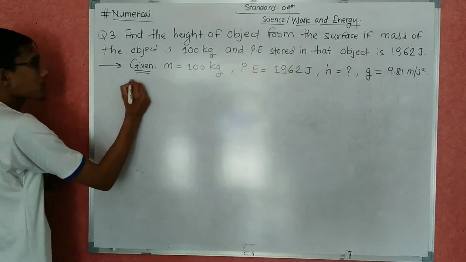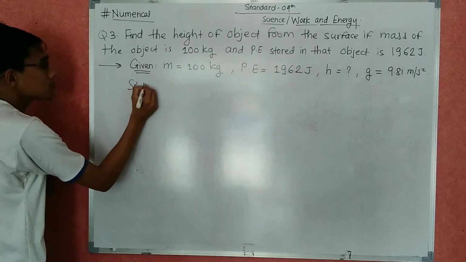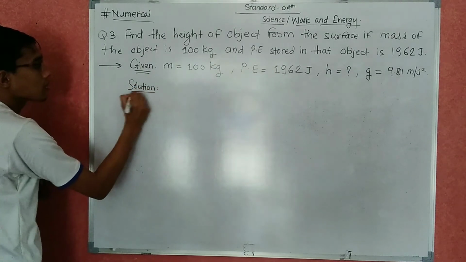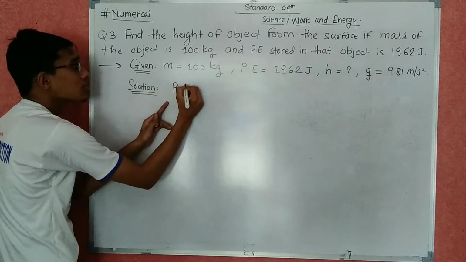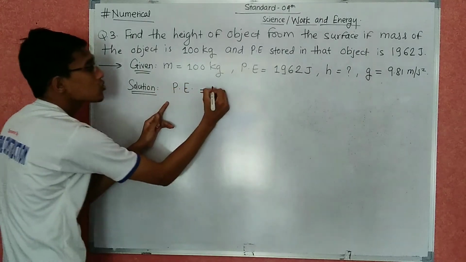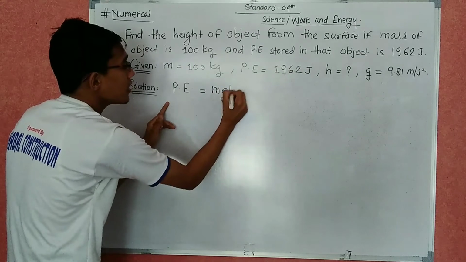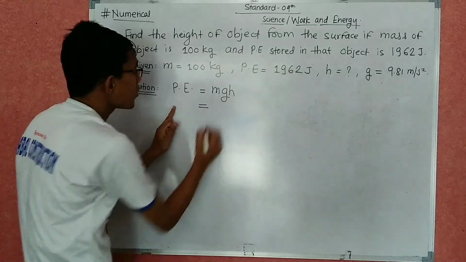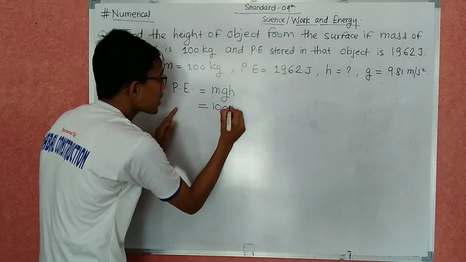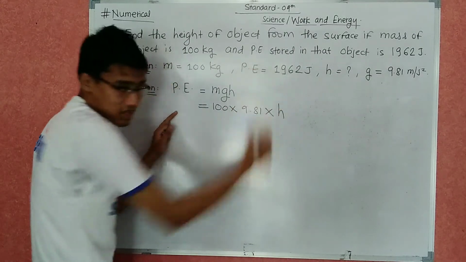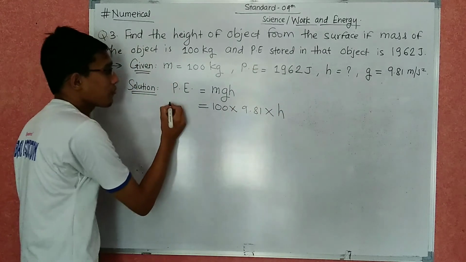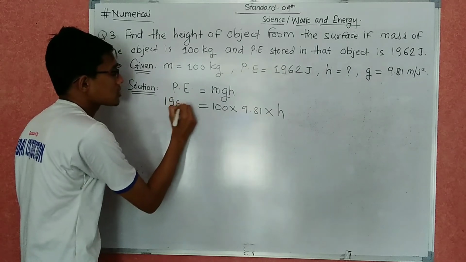Now the solution. So we know the formula of potential energy, it is PE is equals to mgh. So we know the value of m, it is given 100, g is 9.81, and we don't know what is h. We also know the value of PE, that is 1962.